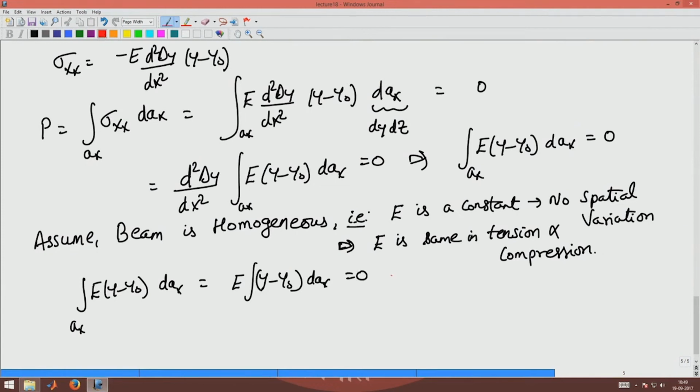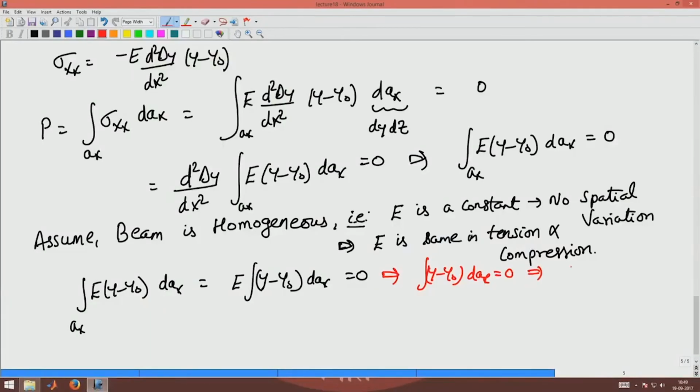This implies integral (y minus y naught) dA of x has to be 0, since E cannot be 0 because E has to be greater than 0. When we estimated the restriction on material parameters, we saw that. Now, this implies y naught times integral dAx must be equal to integral y times dAx, or y naught is given by integral y dAx divided by integral dAx.